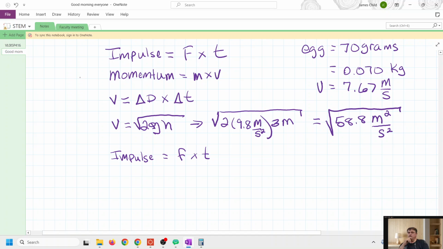Oh wait, I need to find the momentum first, right? So my momentum is equal to my mass, 0.070 kilograms, times my velocity, 7.67 meters per second.